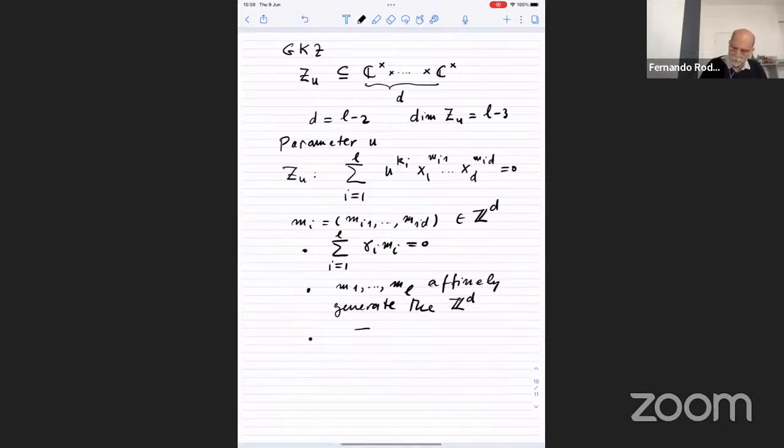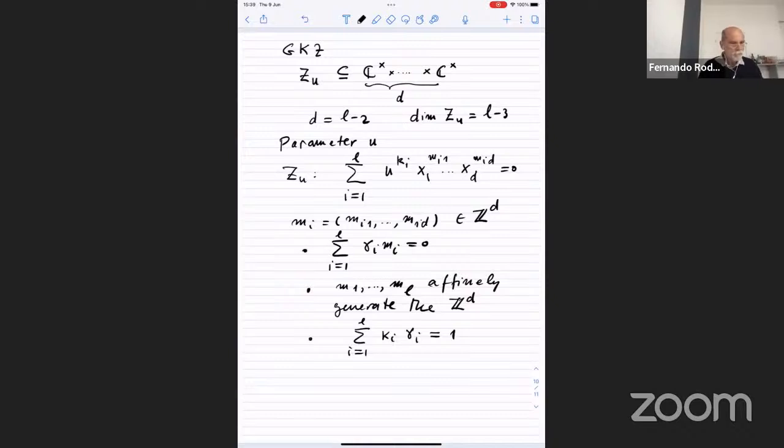I didn't say it, but I will always assume these gammas are relatively prime, so I can find a linear combination of them that is 1. This again is perhaps too much detail, but my point is that it's completely explicit.